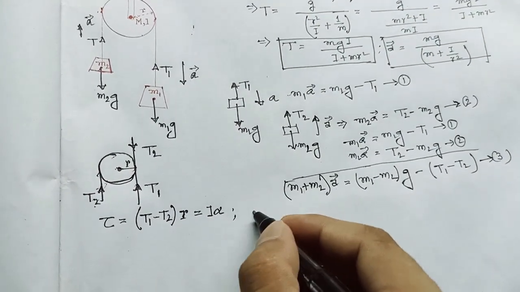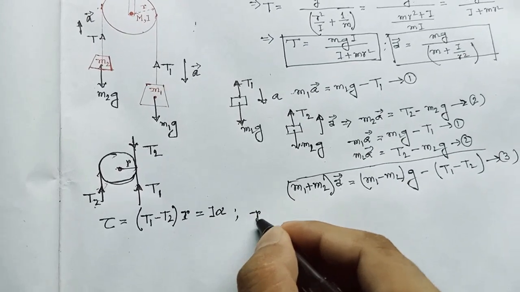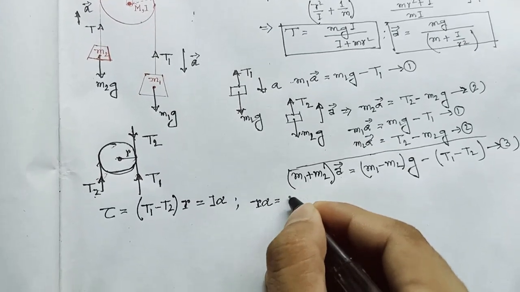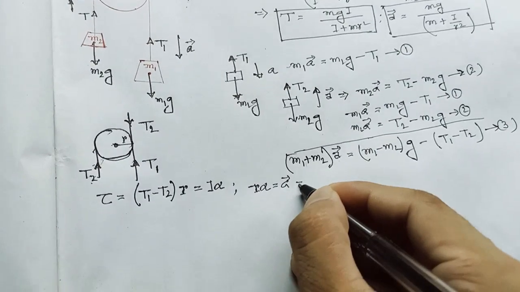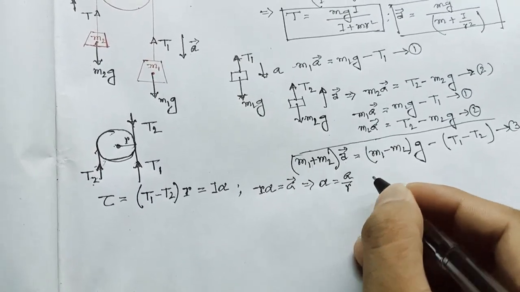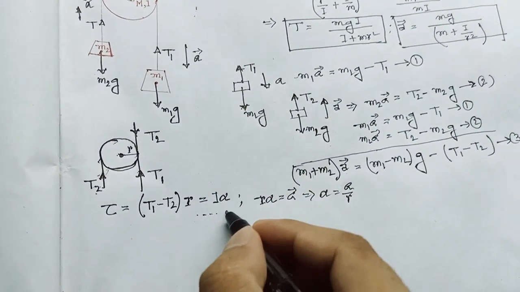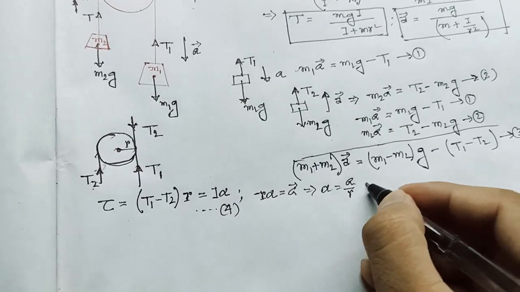Again, as we know, r alpha equals a. So from this equation we can write alpha equal to a divided by r. This was our equation number 4, and this is our equation number 5.